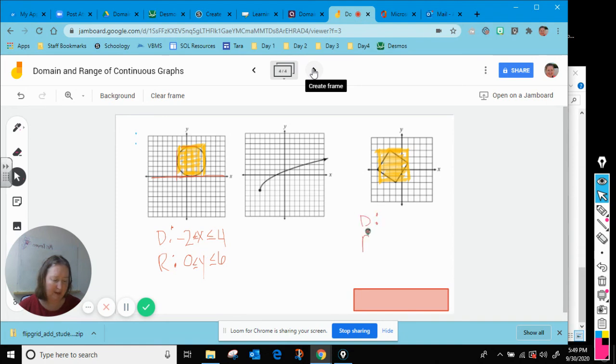We've got our domain and our range. So domain is x, range is y. Now, the smallest x value that's okay is down here on the end, and that's going to be 1, 2, 3, 4. Negative 4 is where it's crossing. Right here is where it's crossing the x-axis. And then it's crossing the x-axis right here, and that's at positive 1.